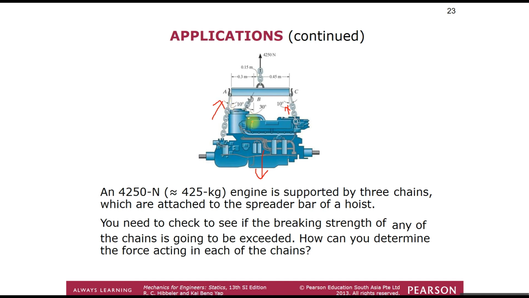So based on the weight and the tensile strength of the chain itself, we know what the breaking strength would be, so that we don't exceed the strength of the chain.